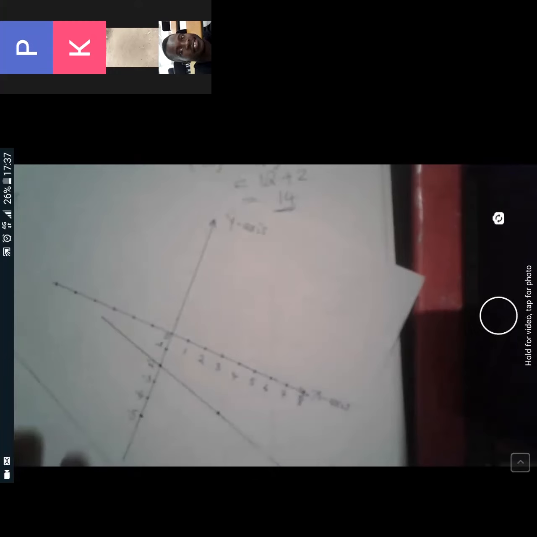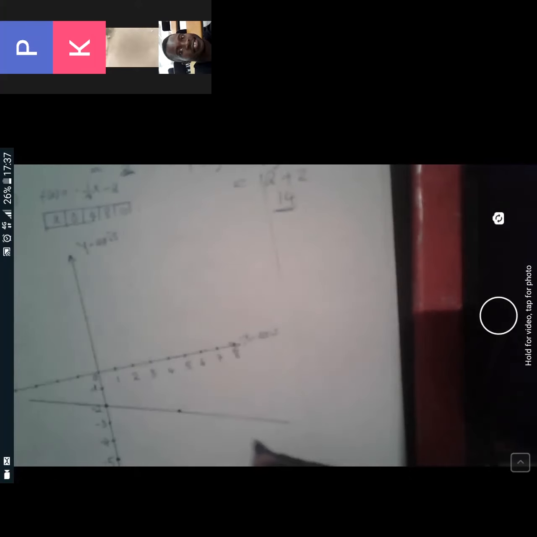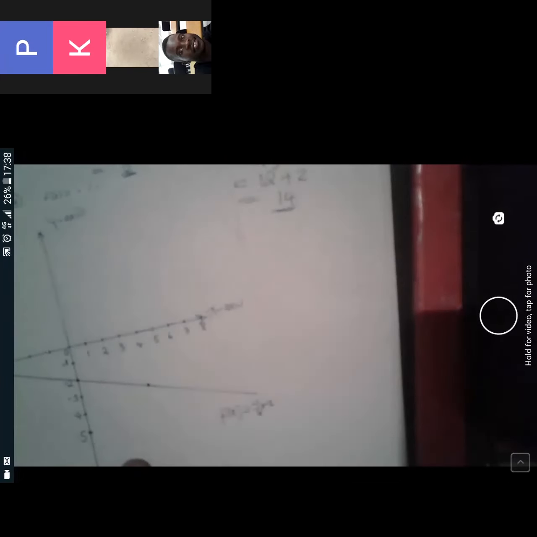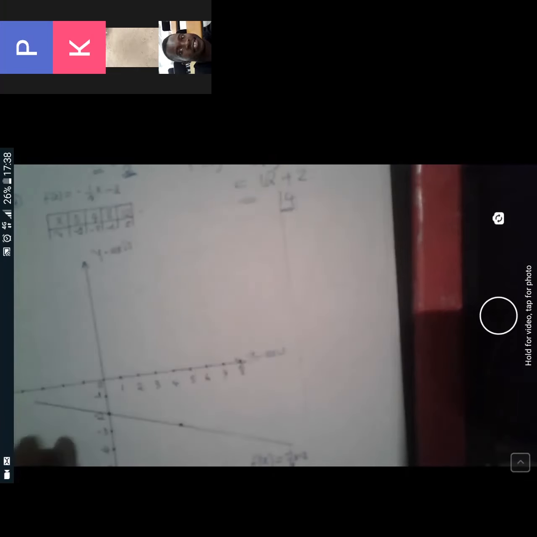So you can do that. That is the graph of f of x equal to -1/4x - 2. Once you've drawn this line, you can try out the remaining points. You see that they'll fall on the line.